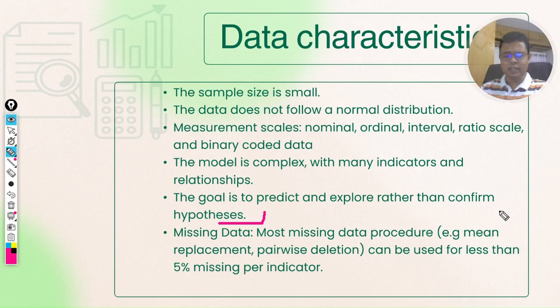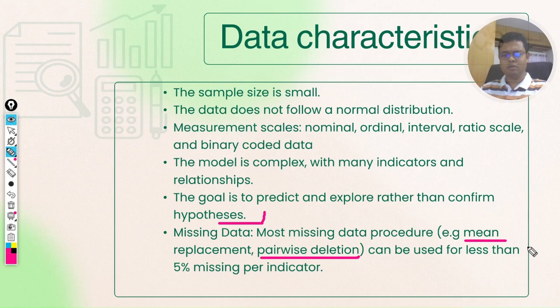On the other hand, finally, missing data. In most cases, in our normal practice, we replace the missing data by the mean, right? Or pairwise deletion, or in many research papers I found that many scholars recently replace the missing value using the median value, right?